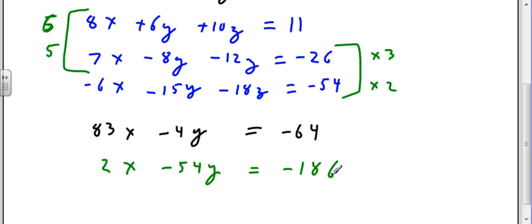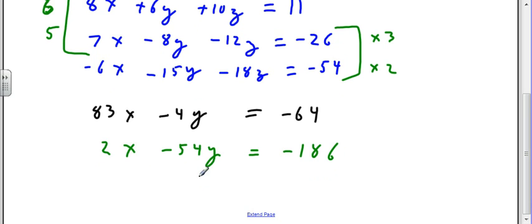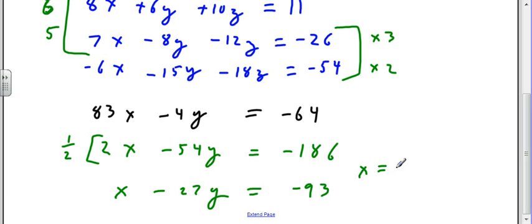All right, well, it appears that I can divide this one by 2, right? And I'm going to get x minus 27y is equal to minus 93. So I know that x is equal to 27y minus 93.